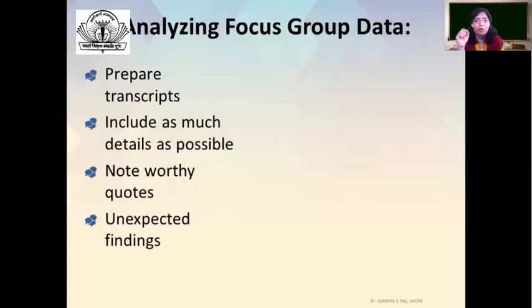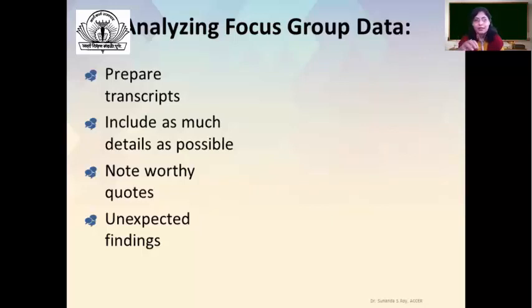You need to write word for word what that person has said. So if the person says, mm, all those things also need to be put into the transcript. Any kind of gestures can also be put into brackets. So this is what is known as a transcript.